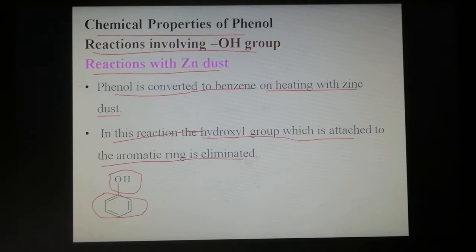On heating with zinc dust, the hydroxyl group is eliminated and phenol is converted into benzene, with the formation of zinc oxide. Benzene molecular formula is C6H6. Phenol molecular formula is C6H5OH.